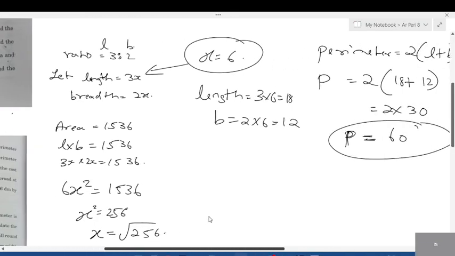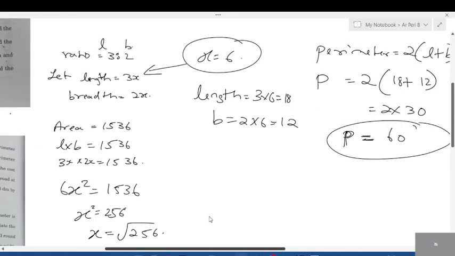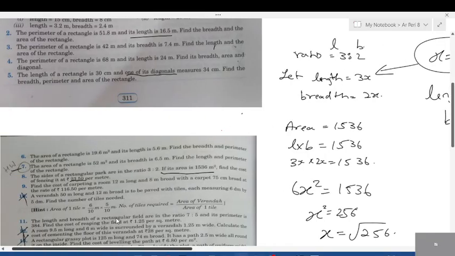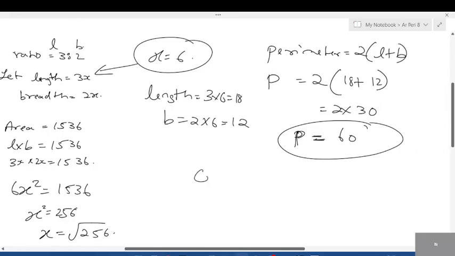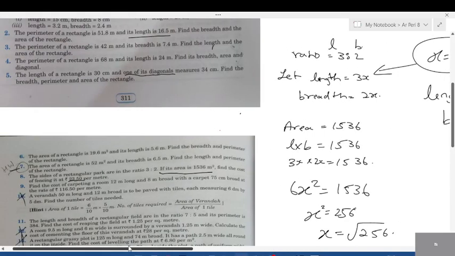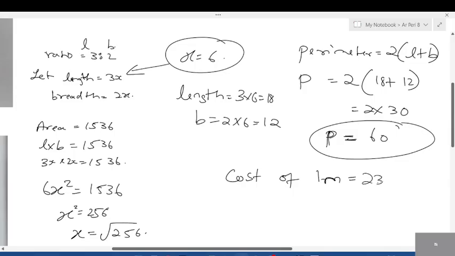Then the last point. I've seen all of you just multiplying 60 into whatever value. I'll tell you outright the last point. Find the cost of fencing it at 23.5 per meter. So you have to write like this: cost of 1 meter is 23.5. Then write total cost of 60 meters, which is 60 into 23.5.